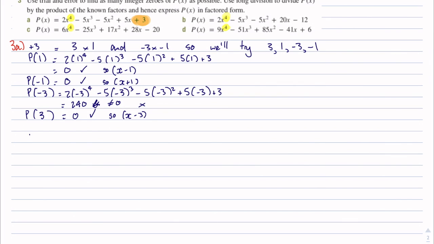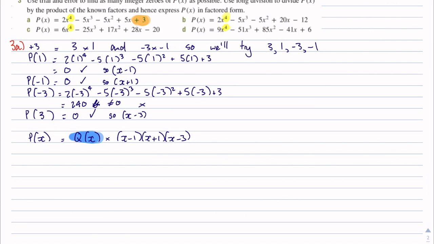So we know P of x equals some kind of number times x take 1, x plus 1, x take 3. We're trying to find this number. The only way we can do that is long division.